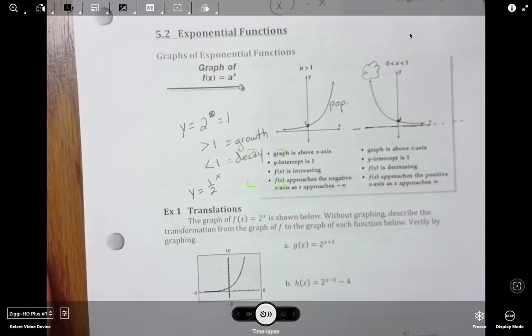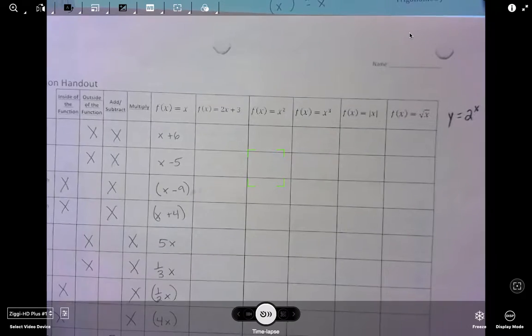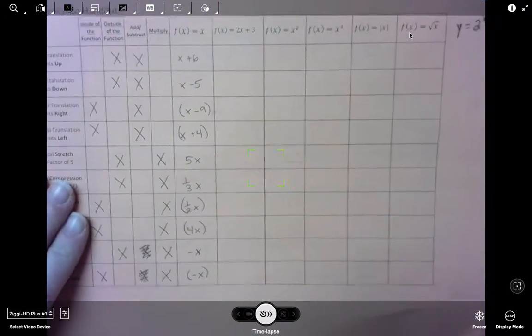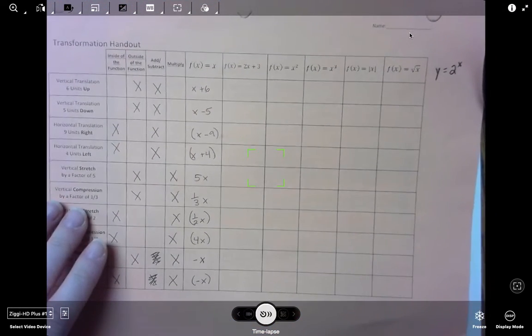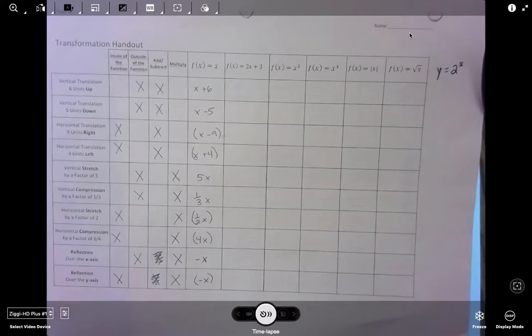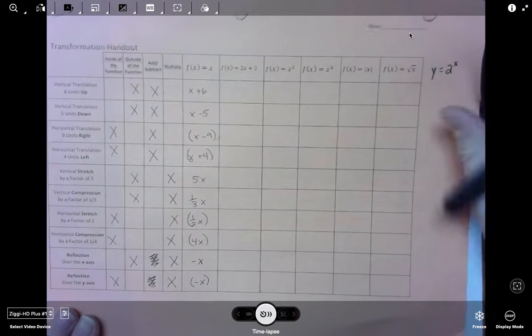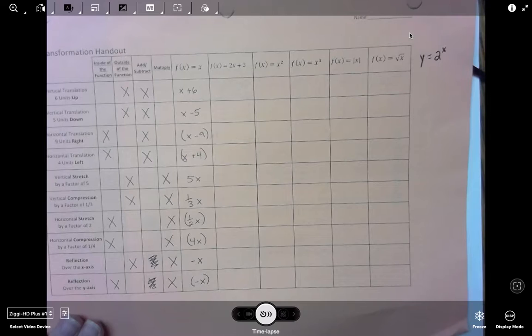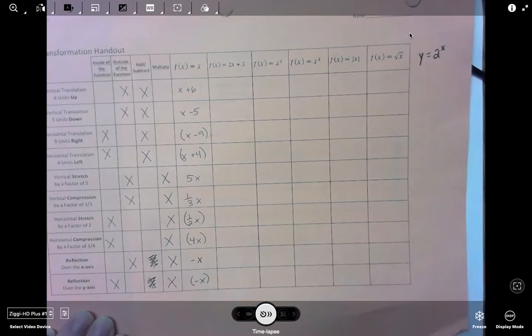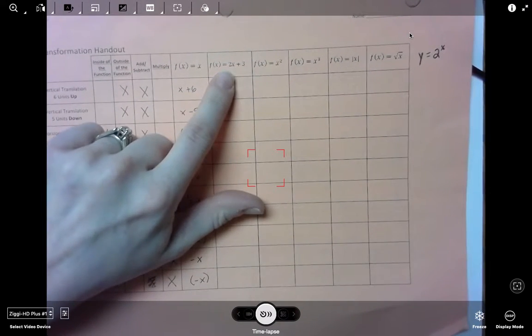So you should have in a folder or somewhere a sheet of paper that looks like this. And if you cannot find it, we'll have to get you another copy somehow. But if you have this, go ahead and get this sheet out. We are going to fill in a column that I'm creating over here for exponential functions, all right? You may have some of these already filled in for 2x plus 3, I think we've done together, maybe x squared.